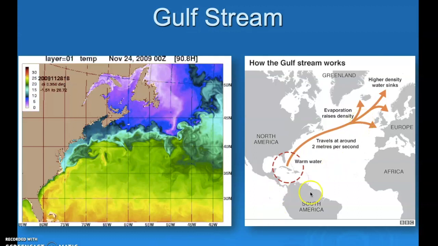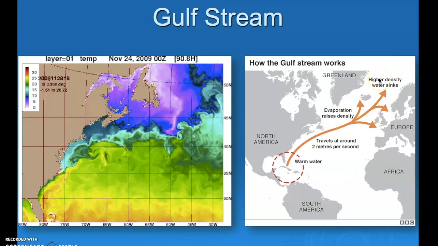So what happens is the warm water that originates down here is pushed up the northern seaboard, and it travels very quickly, about 2 meters per second. And as it moves up the coast, it cools down, and it pushes all the way up to the northern Atlantic.